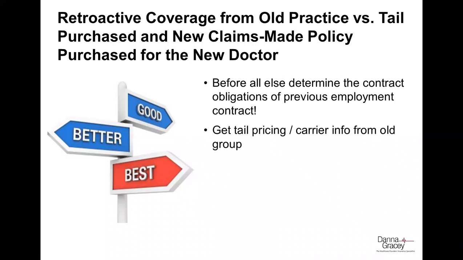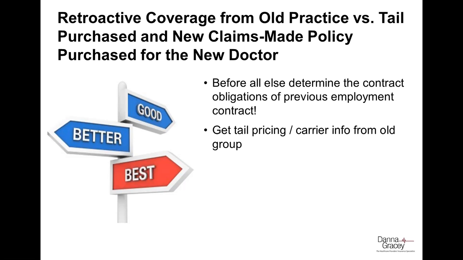So then the next thing is to get the pricing of the tail from his old insurer, and compare that pricing with moving the coverage in without him or her buying a tail, and just bring in the retroactive coverage forward.